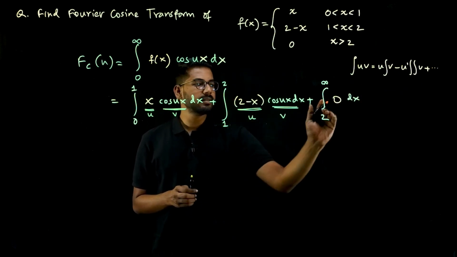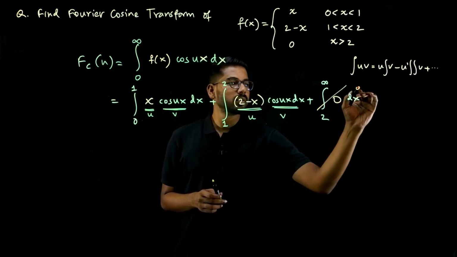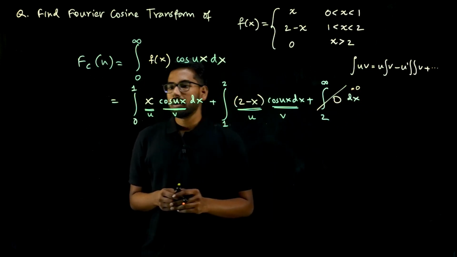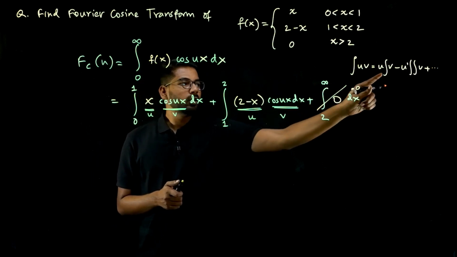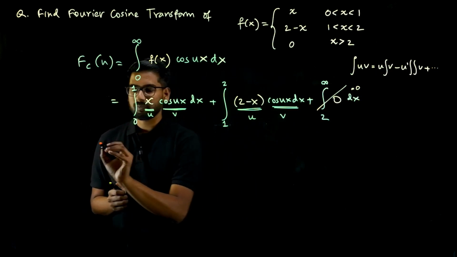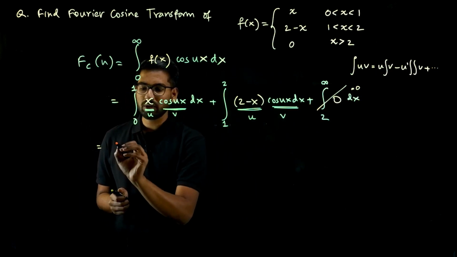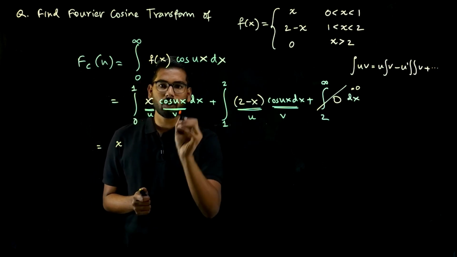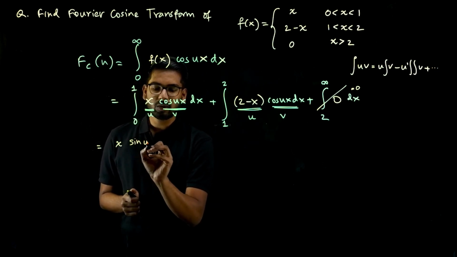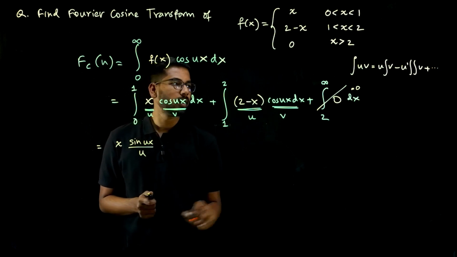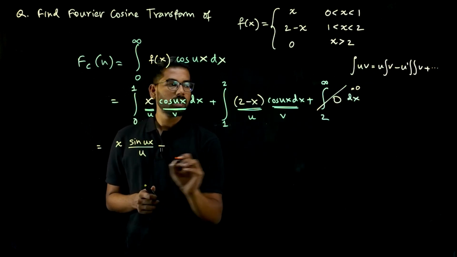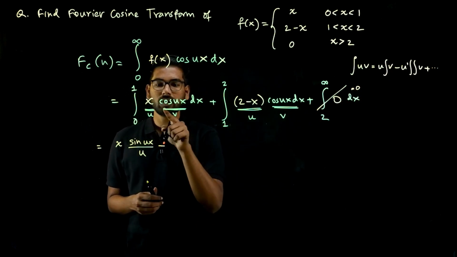The next term is just 0. So what is the integration? The integration is u times the integration of v. The integration of cos ux is sin ux over u. Next, minus u dash, the differentiation of u.